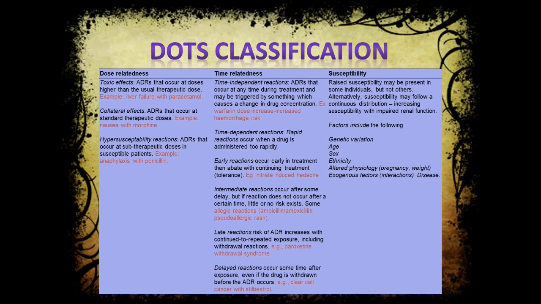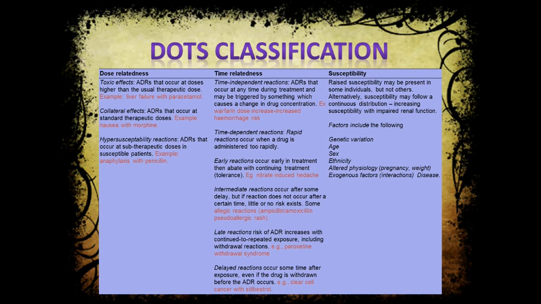Now, based on susceptibility of reaction, so what is susceptibility? Raised susceptibility may be present in some individuals but not others. Alternatively, susceptibility may follow a continuous distribution, such as increasing susceptibility with impaired renal function. Factors included in susceptibility include genetic variation, age, sex, ethnicity, altered physiology, exogenous factors, and disease.